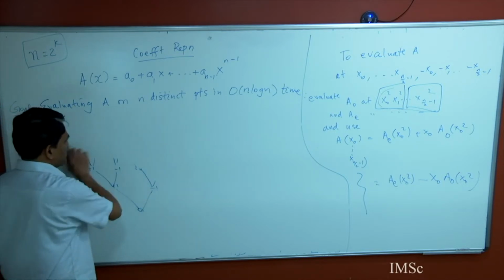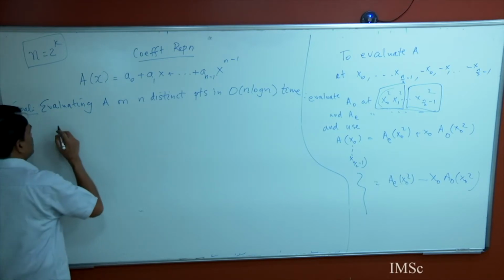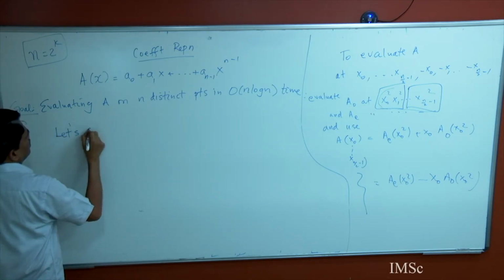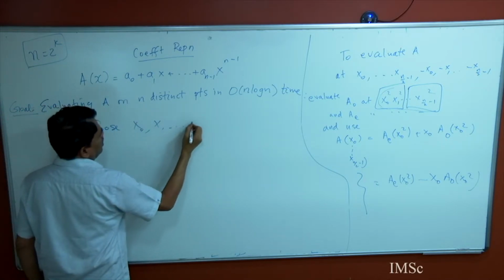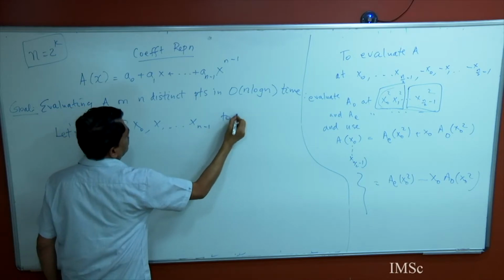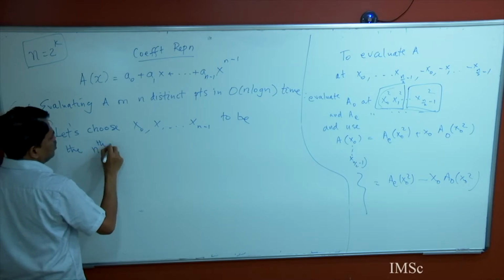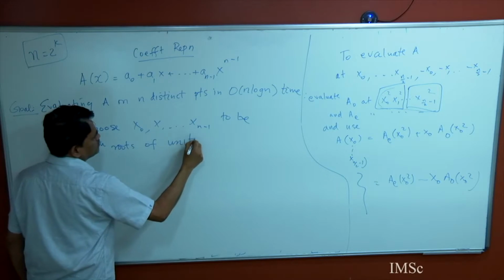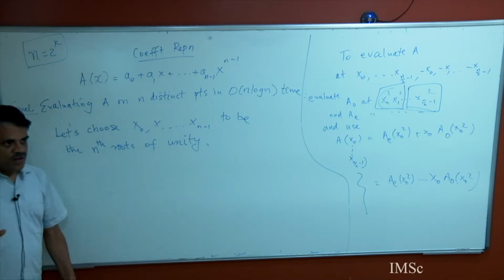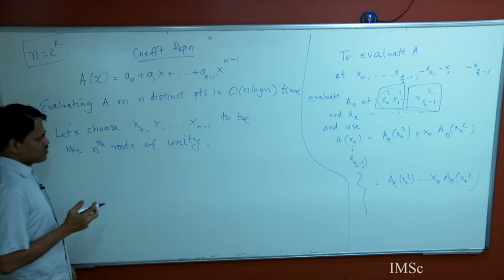Okay, so let us choose x0, x1, up to x_{n-1} to be the nth roots of unity, the complex nth roots of unity. Okay. So hopefully you've all seen, most of you are math students, you've seen complex nth roots of unity.